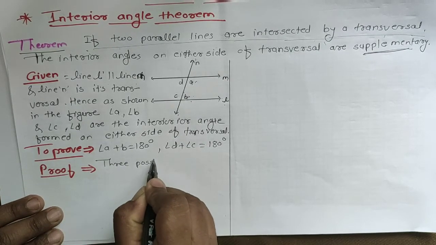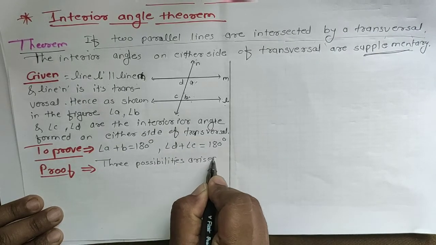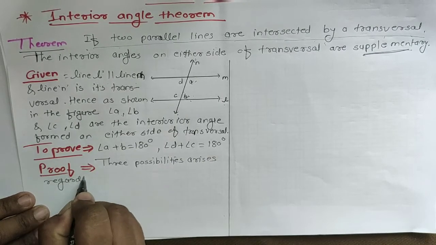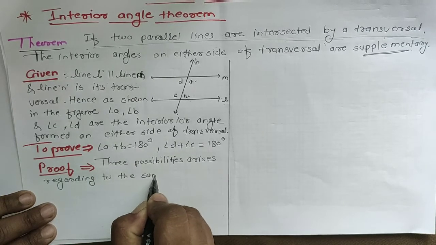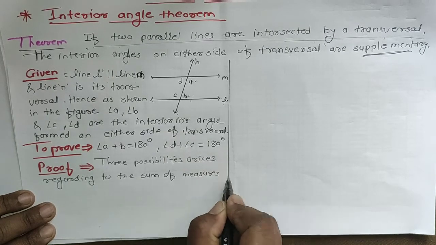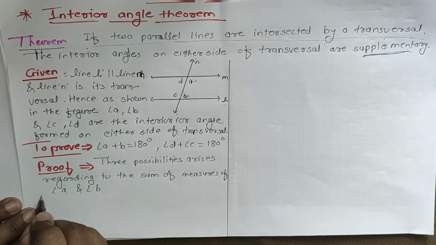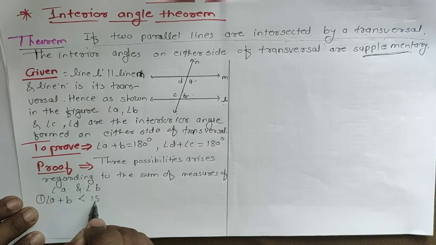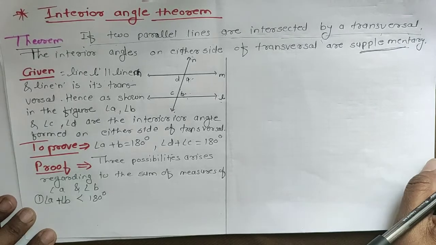Three possibilities arise regarding the sum of the measures of angle A and angle B. The first possibility is that angle A plus angle B is less than 180 degrees.